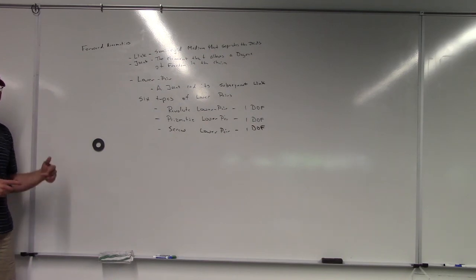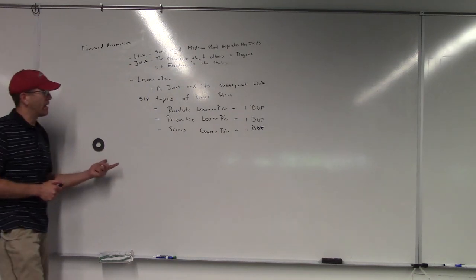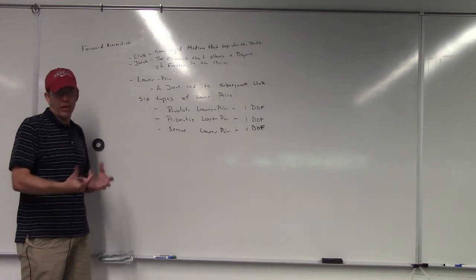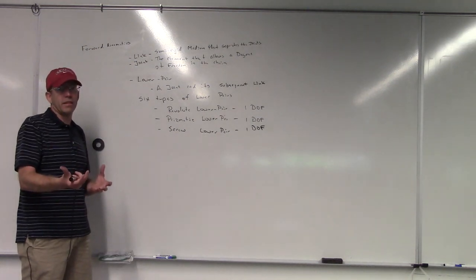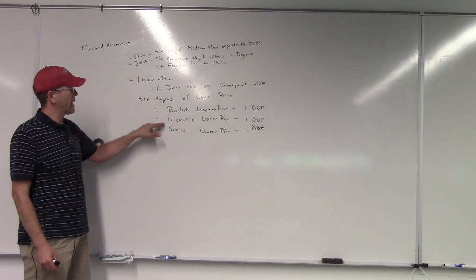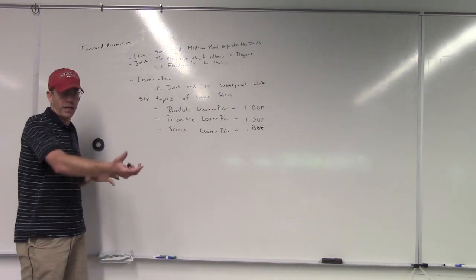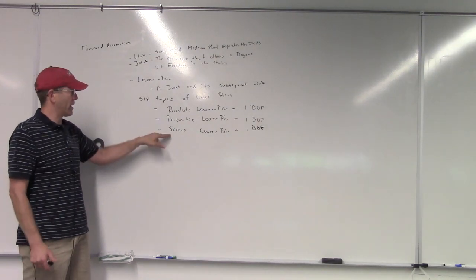It's still providing a linear displacement like a prismatic joint does. The difference is that the drive mechanism is different. So in the case of a prismatic, the way they described it is that this is a linear actuator, whereas the drive mechanism here is a screw.